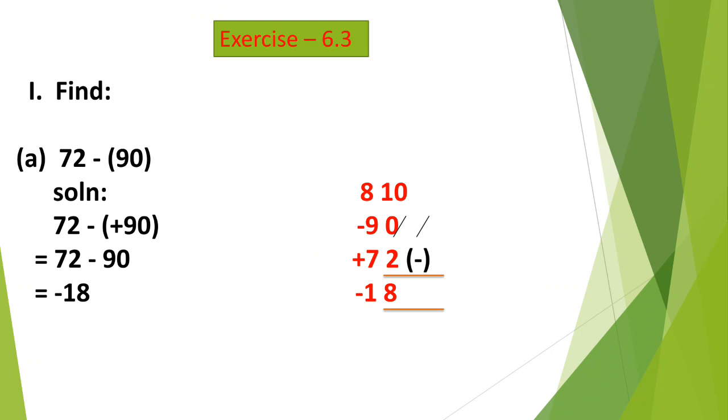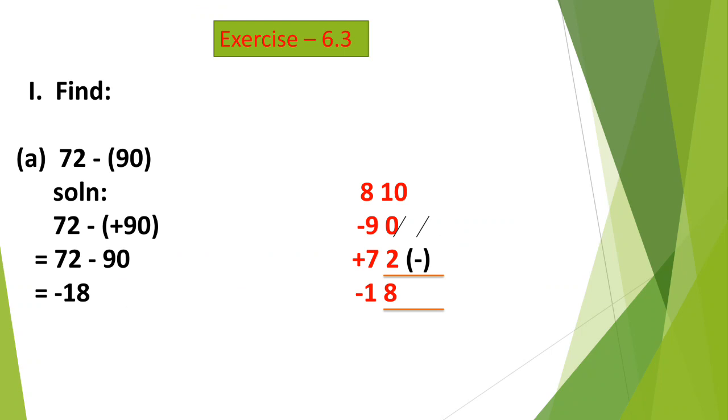Here I am subtracting 90 minus 72 by borrowing. 9 becomes 8. 0 becomes 10. 10 minus 2, 8. 8 minus 7, 1. Here, which is the greater number? 90. 90 is the greater number having negative sign. So your answer is minus 18.